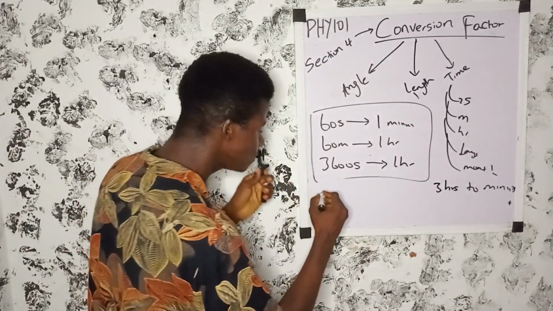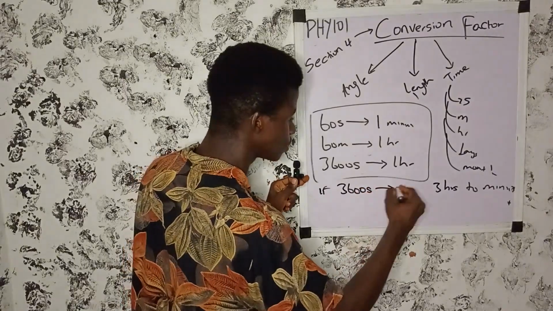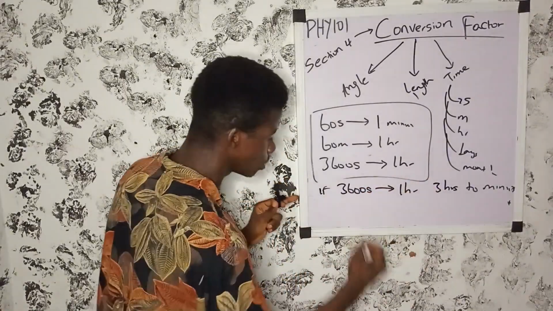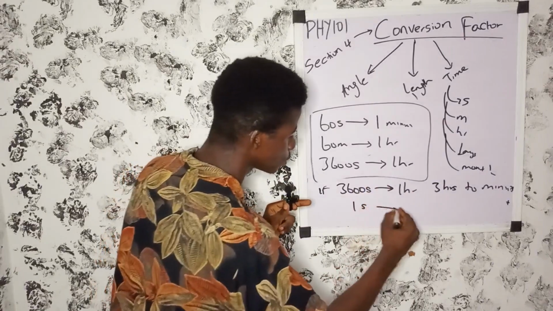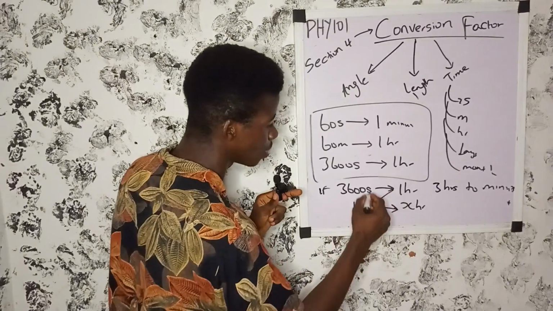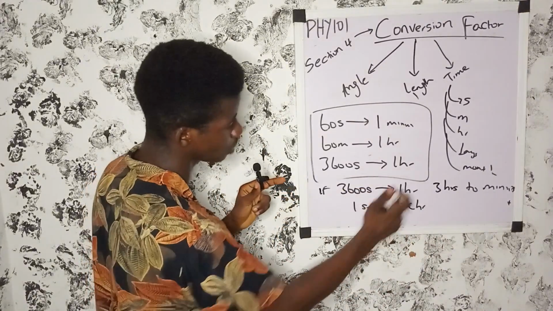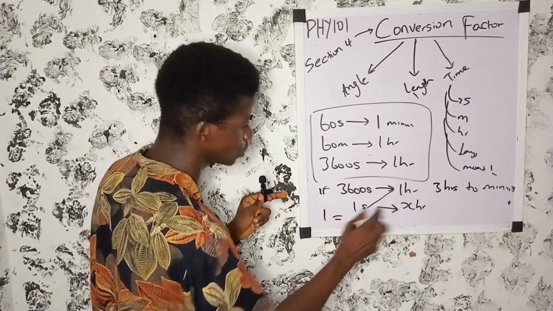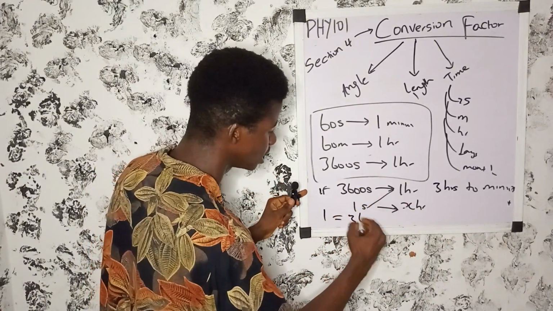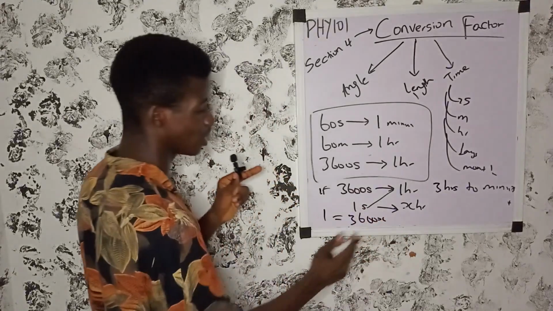You will first say if 3,600 seconds is equal to 1 hour, then 1 second equals s hours. If you cross multiply, 1 multiplying 1 will still give you 1. Then equals s times 3,600, which gives you 3,600s. Now we're looking for s.